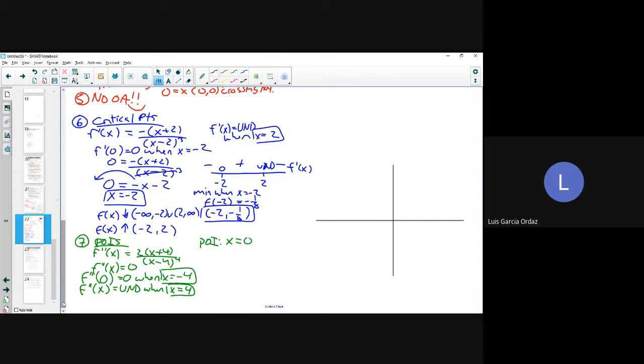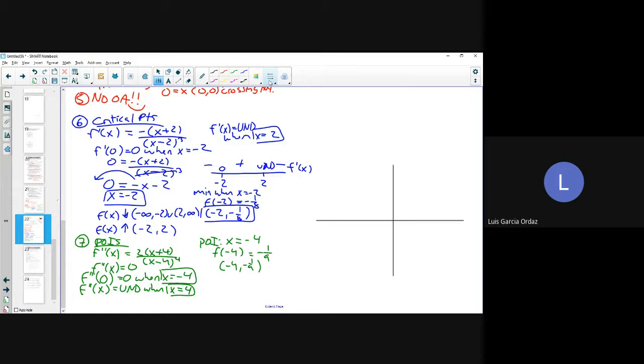Oh, -4, sorry, it happens at -4. That was my mistake. My only point of inflection happens at -4, which means f at -4 gives me -1 over 9. So at -4 and -1 over 9 is my point of inflection.